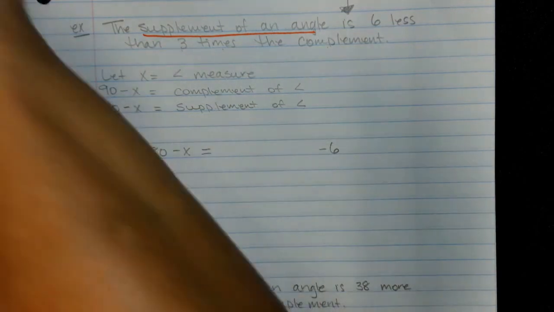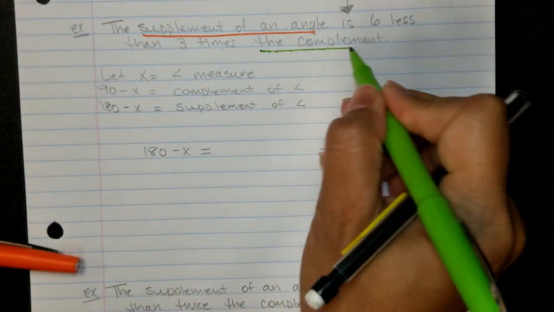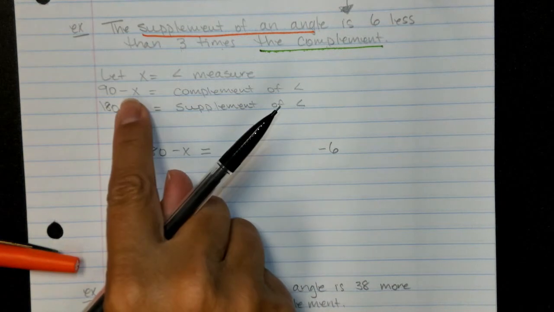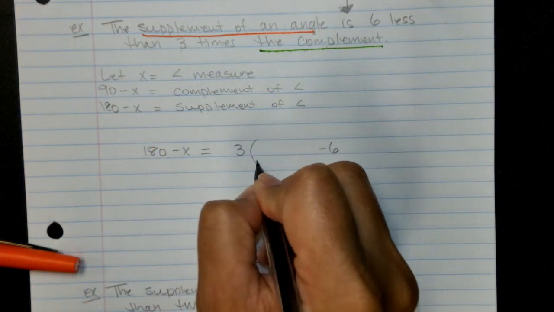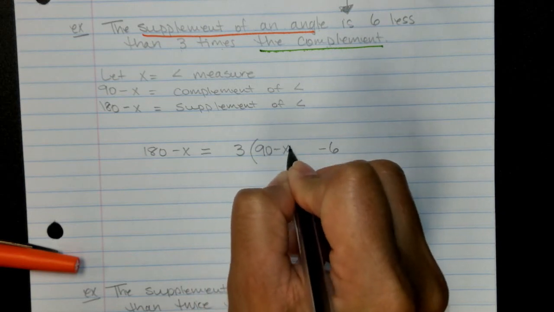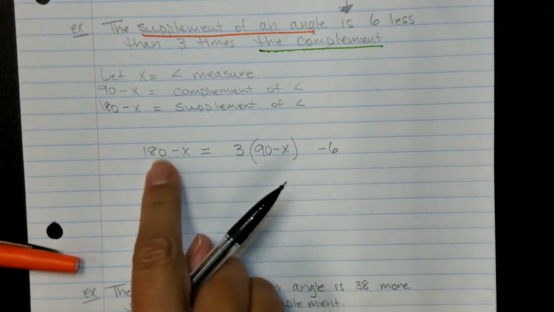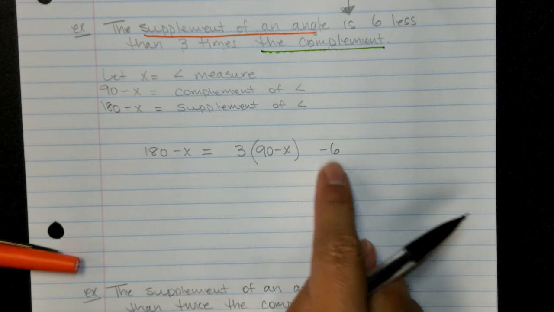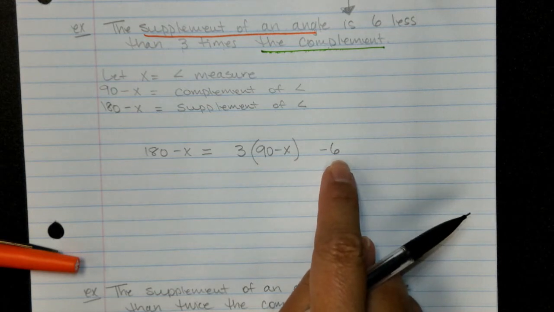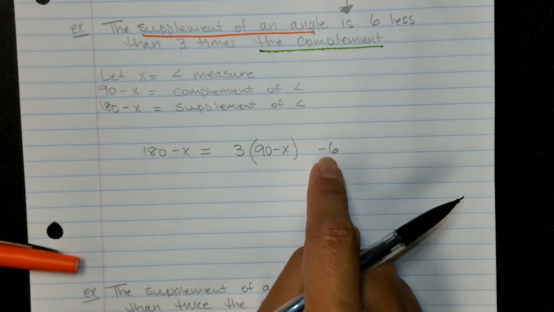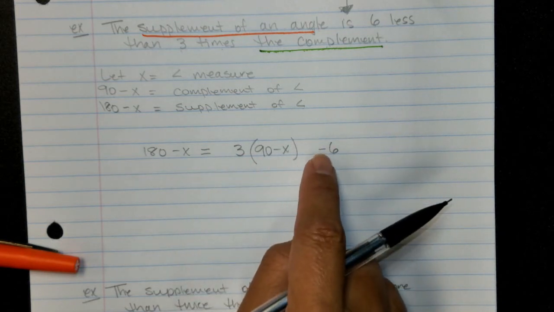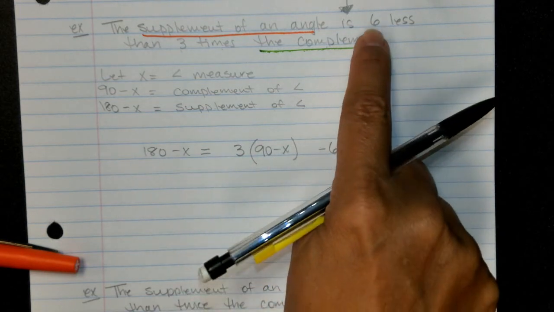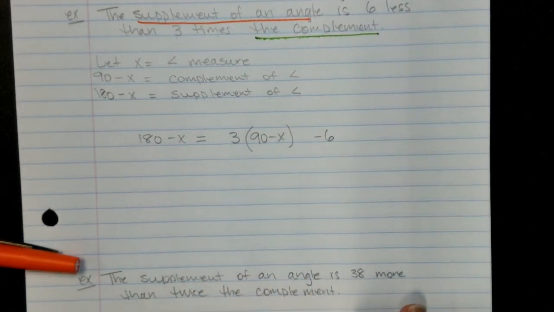We know the complement of an angle is 90 minus x, and we want it to be 3 times the complement. The only trick to setting up this equation is to make sure you put your add or subtract at the back. If you want to put it at the front, just make that 6 a negative, because we want it to be 6 less than.